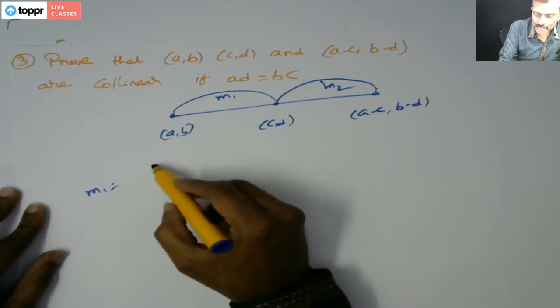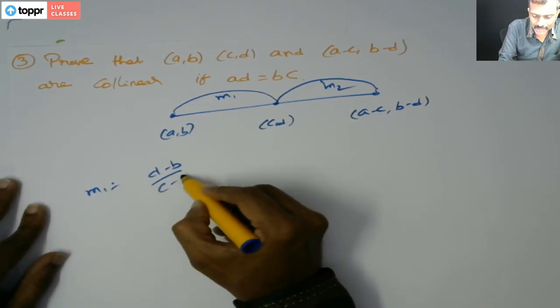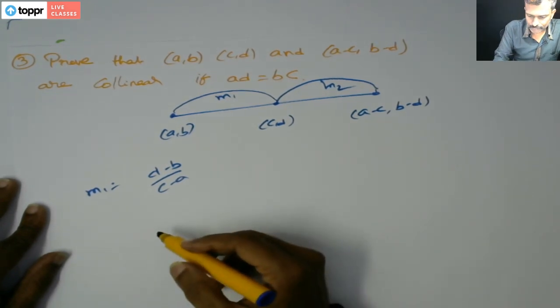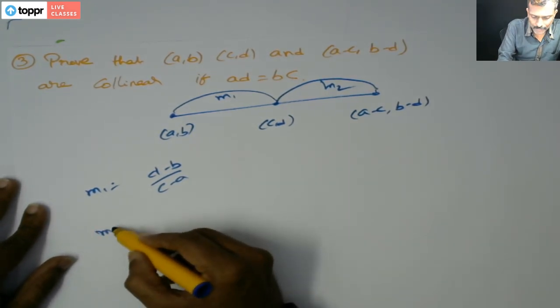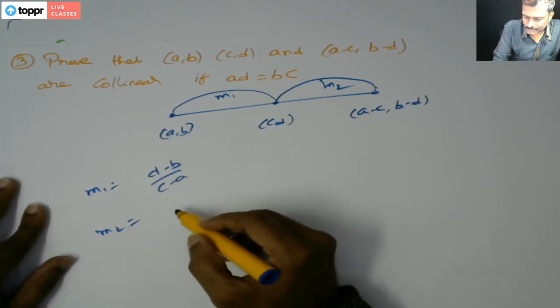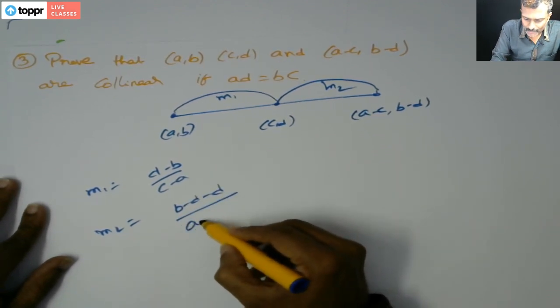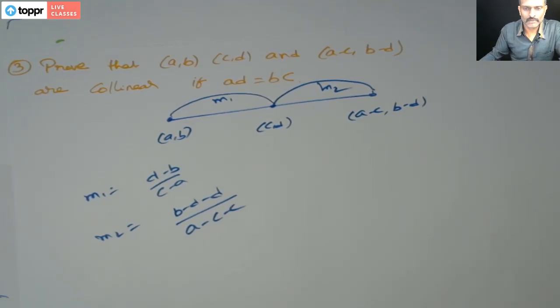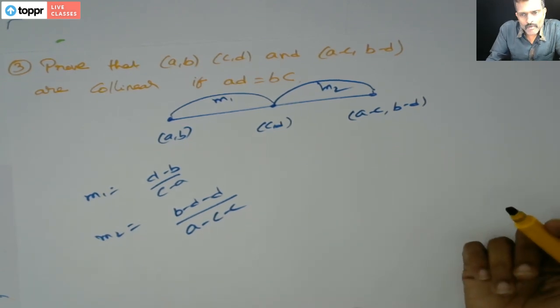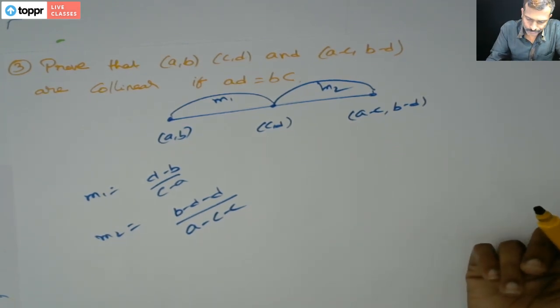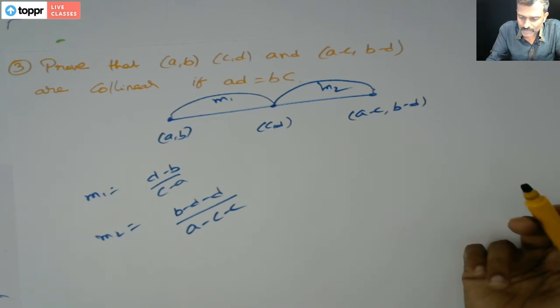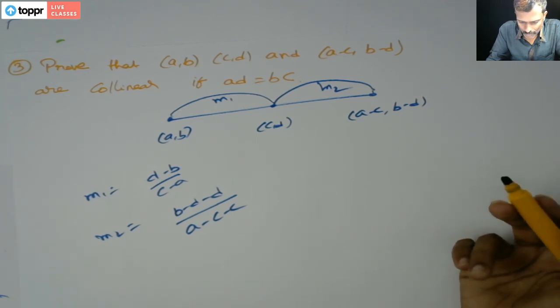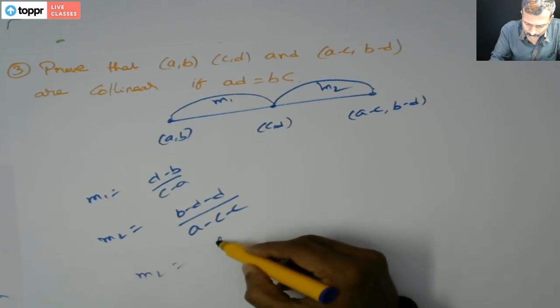So M1 is equal to D minus B by C minus A, and M2 is equal to B minus D by A minus C minus C. Now we have to prove that these two slopes are equal. So this M2 is simply B by A.